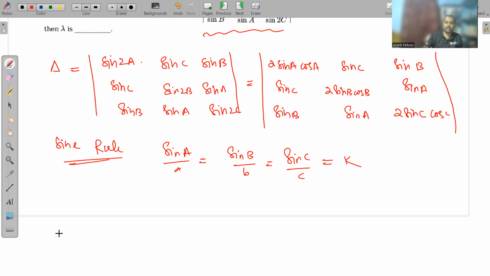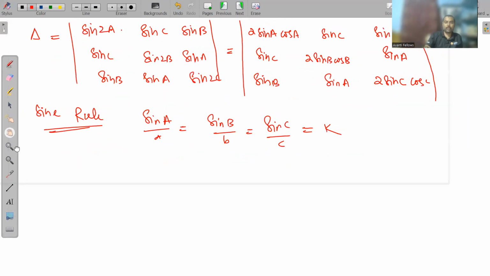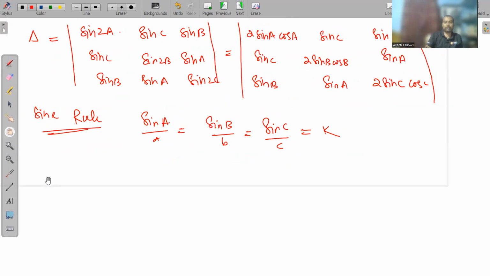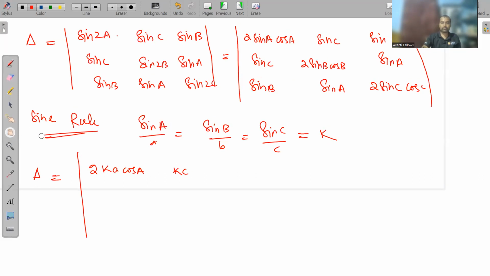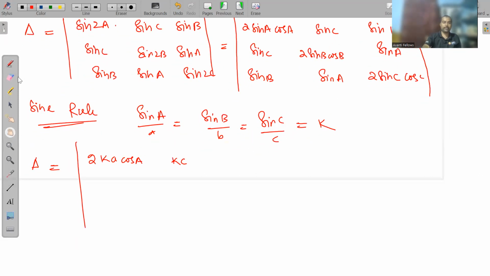Let's substitute all these values in delta. If I substitute in delta, what will I get? Delta is equal to 2 sin A, and in place of sin A we substitute ka, so 2ka cos A. Sin C is kc, sin B is kb.